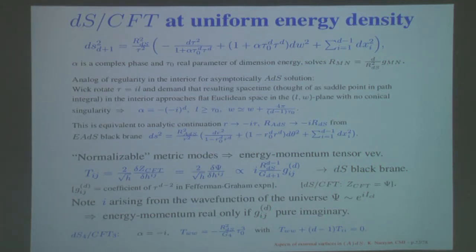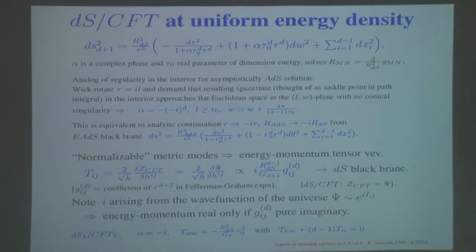If not, Tij is imaginary. So you'll actually see later something else where you get something else. But it would seem that from a three-dimensional CFT point of view, you might want Tij to be real. So therefore, the metric then turns out to be complex. Okay. So in particular in dS4/CFT3, which is perhaps the best understood dS/CFT, a real expectation value, real uniform energy momentum density, turns out to give a complex metric.